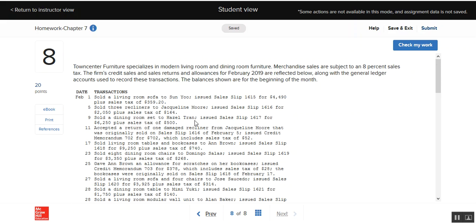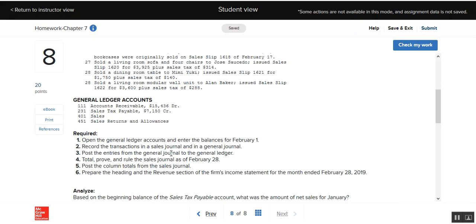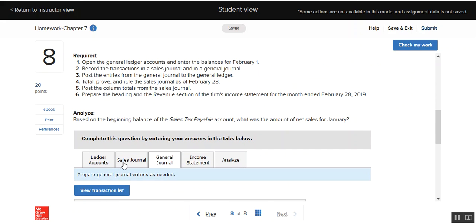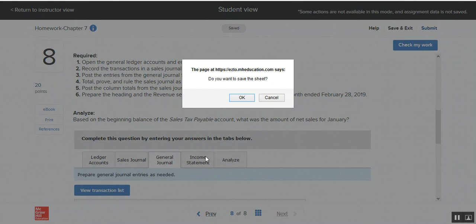All right, so let's see. Sold the living room table and bookcase to Ann Brown. Issued sales slip 1618 for $92.50 plus sales tax. So we're going to go back over to the sales journal.